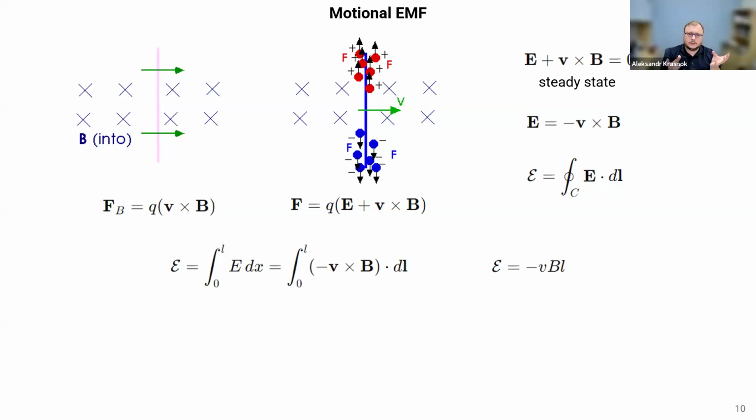If it's a generator, you need to increase the angular velocity of this armature rotation, right? Or you need to increase the magnetic field, which is technologically challenging for different reasons. So you cannot increase the magnetic field very much.